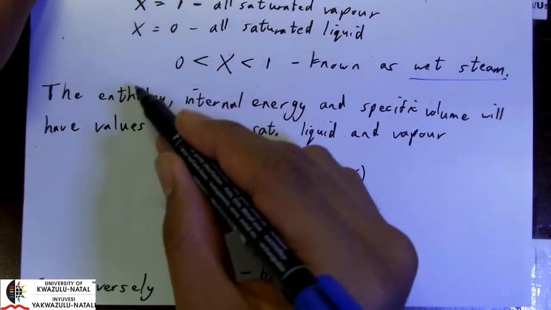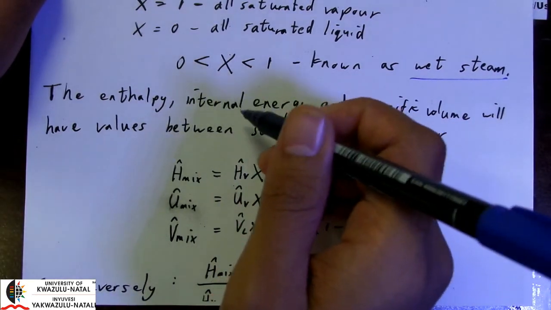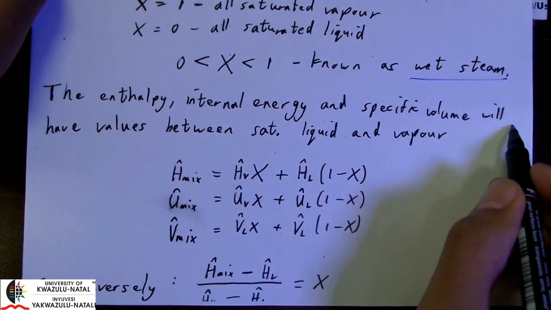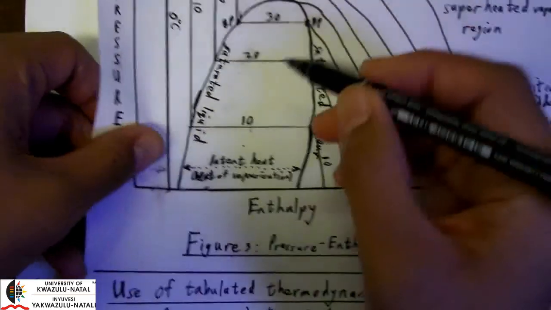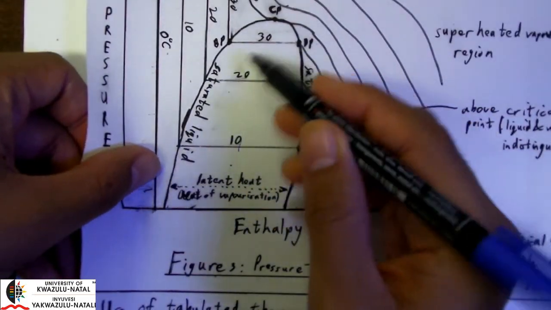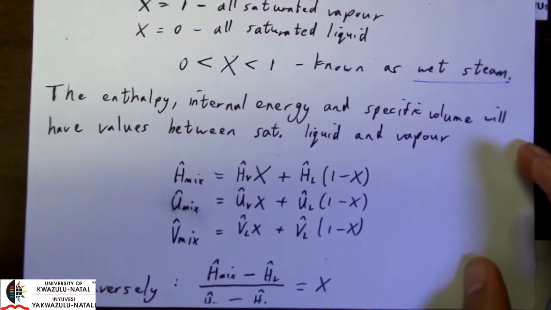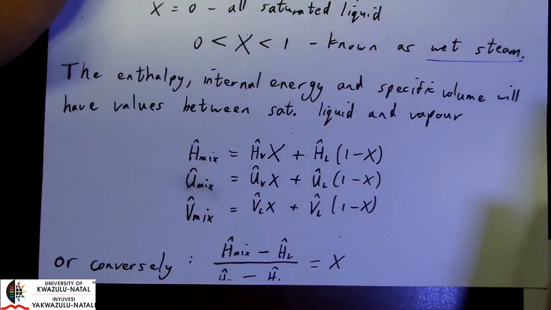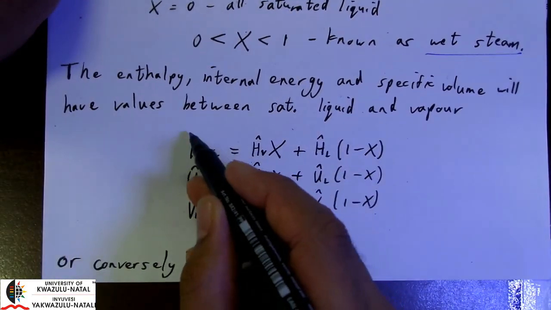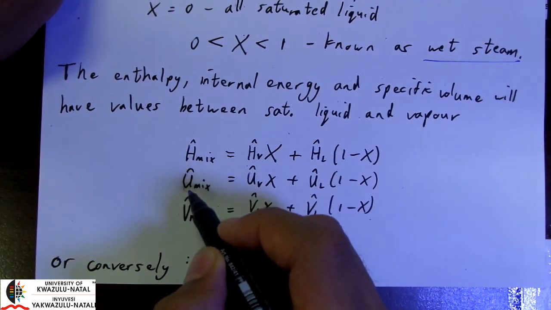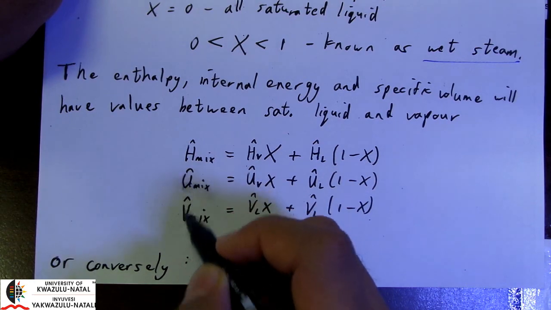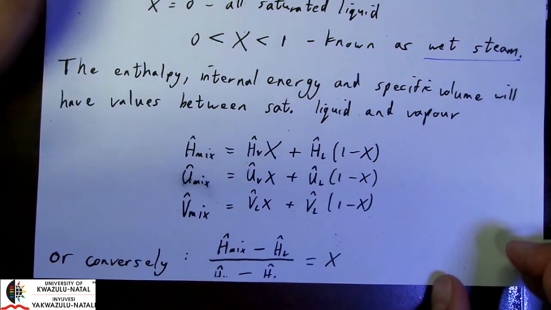So we can obtain our exact enthalpy, internal energy and specific volume within this region by expressing it in terms of our steam quality. If we have wet steam with a particular steam quality, we can obtain our enthalpy, internal energy and specific volume.